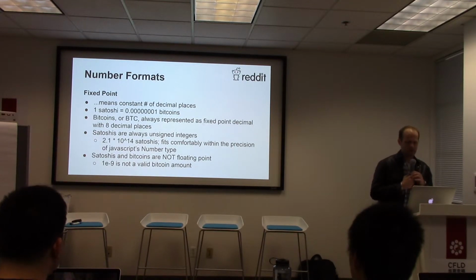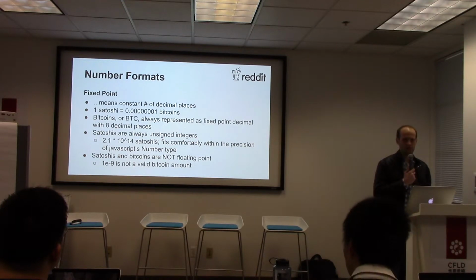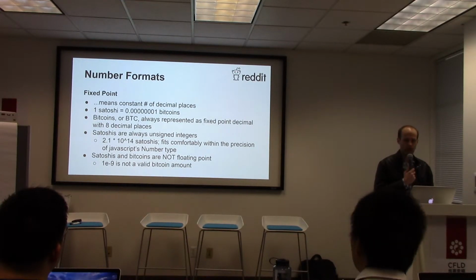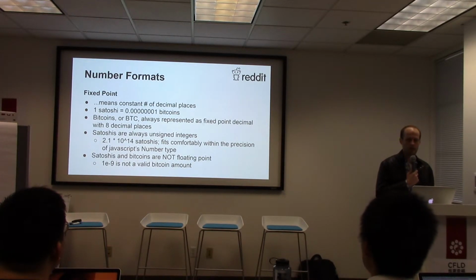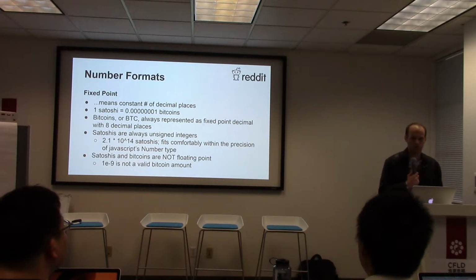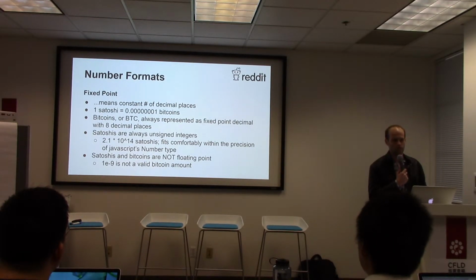This doesn't really occur in the protocol because internally, Bitcoin always represents values as satoshis, the smallest unit, or 100 millionth of a Bitcoin. So these are only ever displayed. If you display a value and convert it to Bitcoins, you basically move the decimal point over 8 places. That's what a fixed point is.